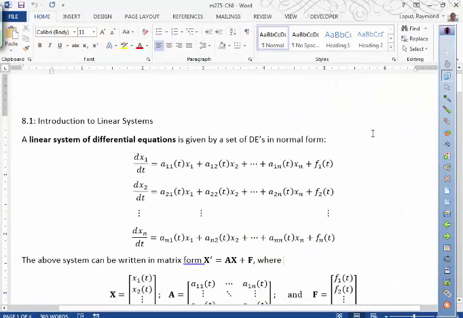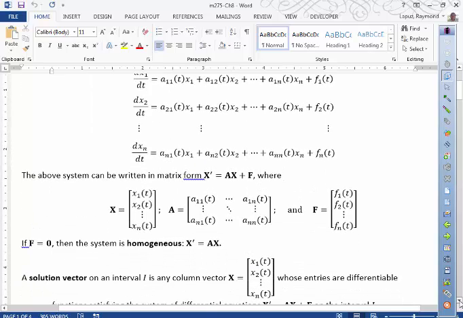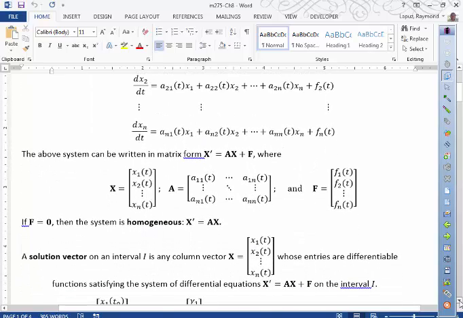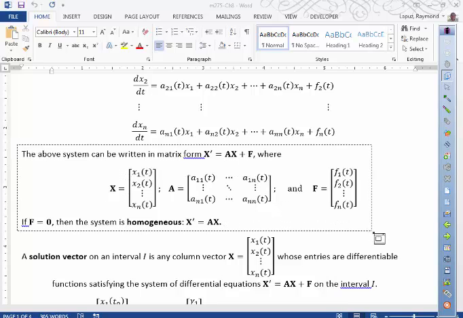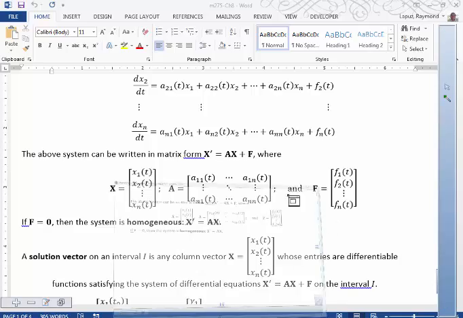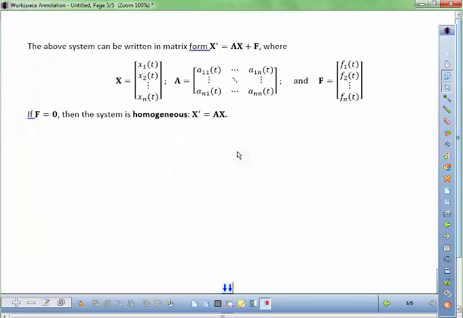So the idea is to put this into matrix form, and we can do that by looking at the coefficients of those functions. So this is what I mentioned earlier. If all the f functions were equal to 0, then you have a homogeneous system. Otherwise, you have a system that generally looks like this. These are all the x's.